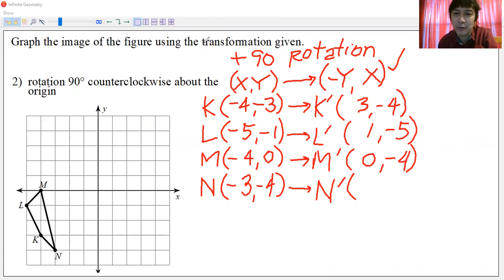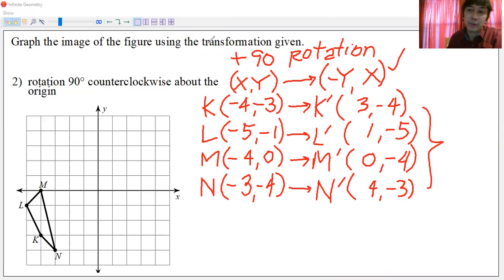It's a neutral number. We proceed to N prime. This will become -4 and -3, and we're supposed to make that -4 a +4. So this is now the computed value using the rule.